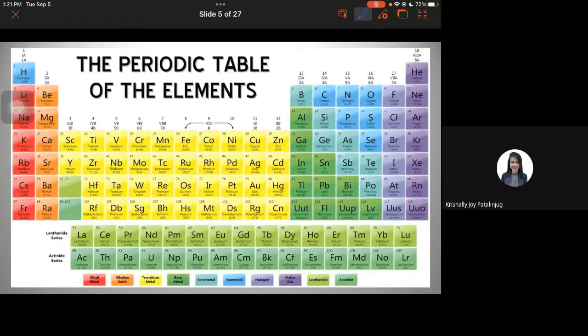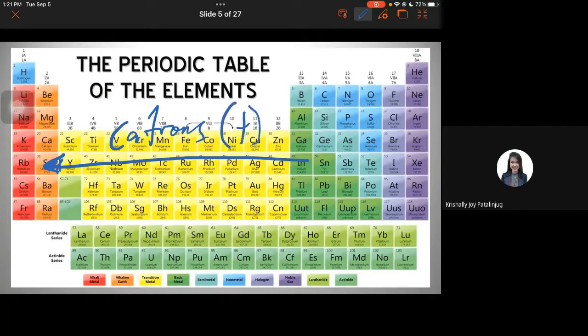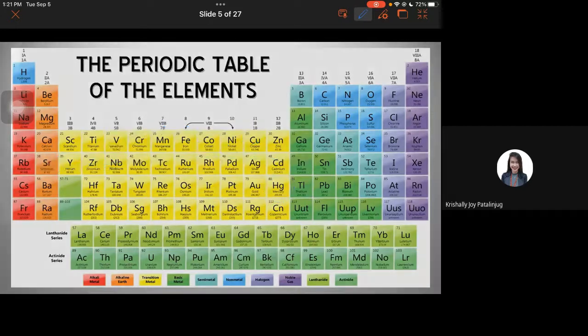So these metals found on the leftmost part of the periodic table form cations, meaning positively charged. And mercury 1, particularly, forms a diatomic ion.